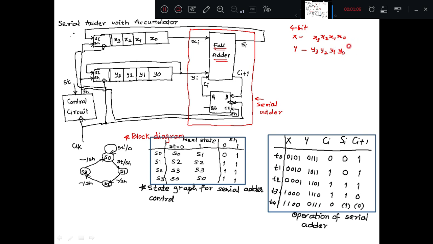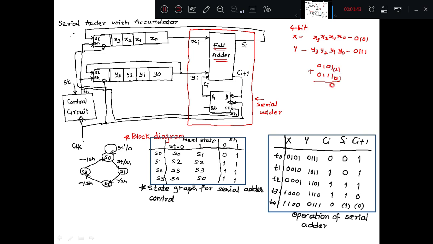Suppose a value for x is taken as 0, 1, 0, 1, that is 5, and for y you take the value 7 in binary. Now if you add these two, 0101 and 0111, you can add bitwise binary data.